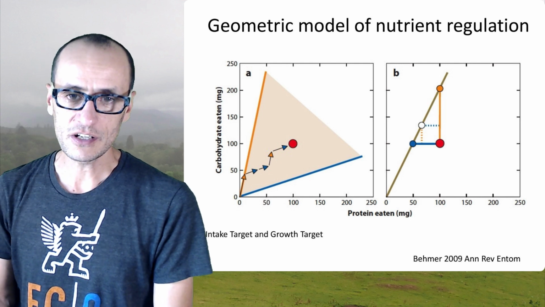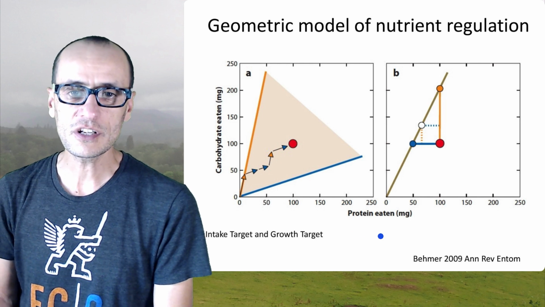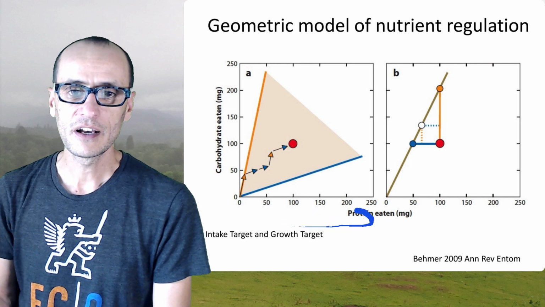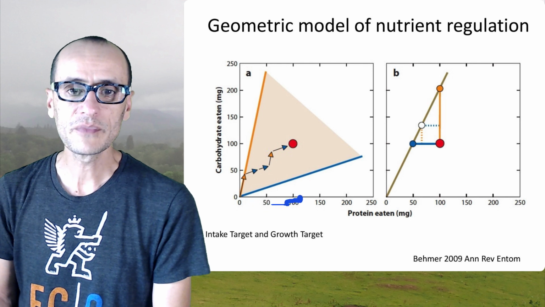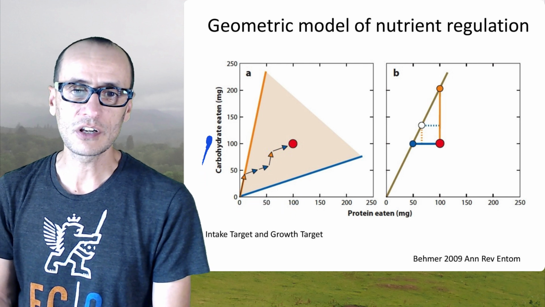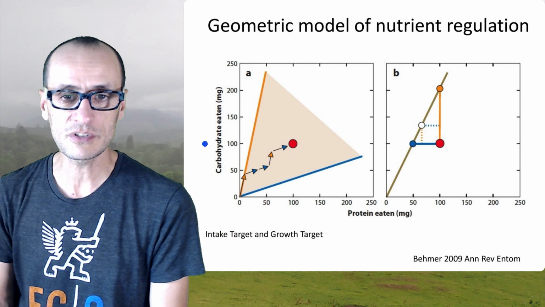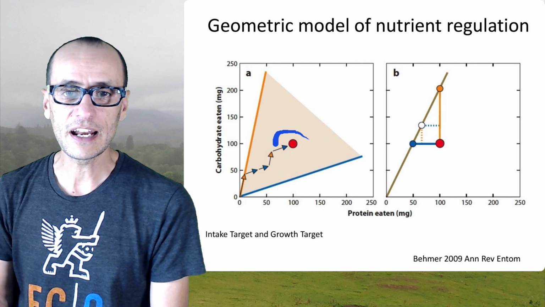So you can imagine here a situation where you have a certain amount of protein that insects are trying to get, a certain amount of carbohydrates that they're trying to get, carbon to nitrogen. You can think of it as carbohydrates to proteins.